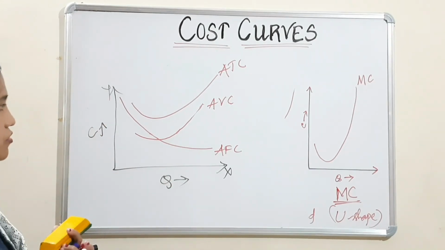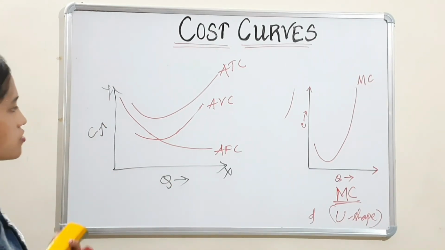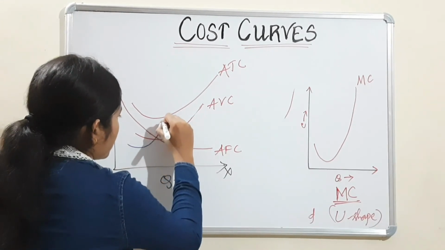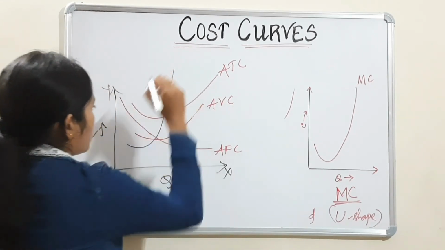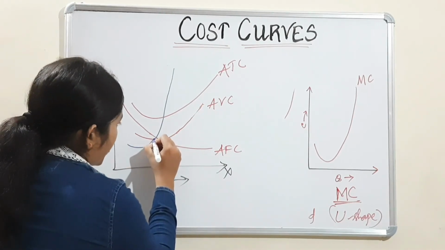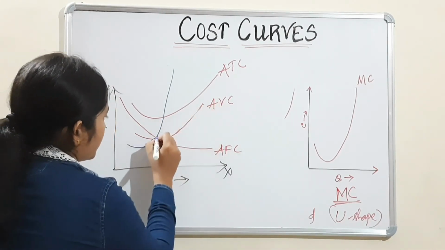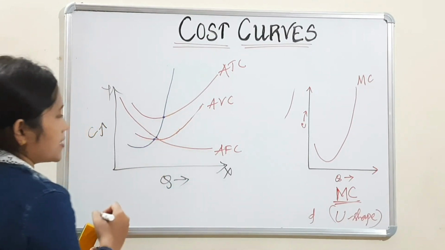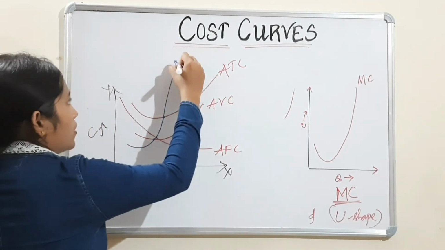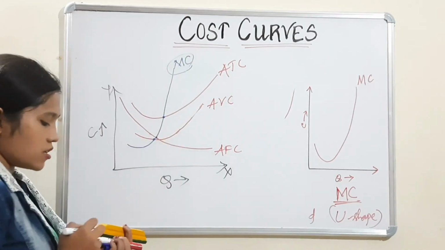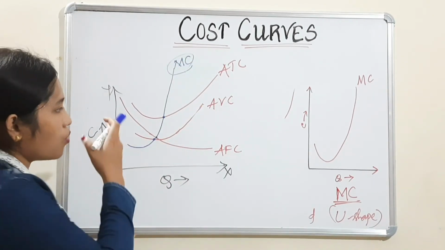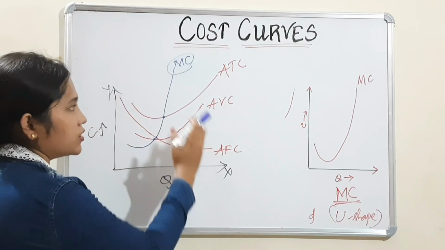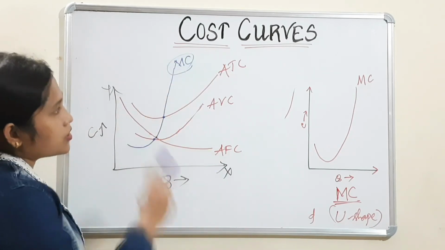When we draw the marginal cost, it will go through the minimum point of all the cost curves: the minimum point of AVC, and the minimum point of ATC. Remember, marginal cost is a curve which will intersect the respective minimum points of the other cost curves, and it is a U-shaped curve.